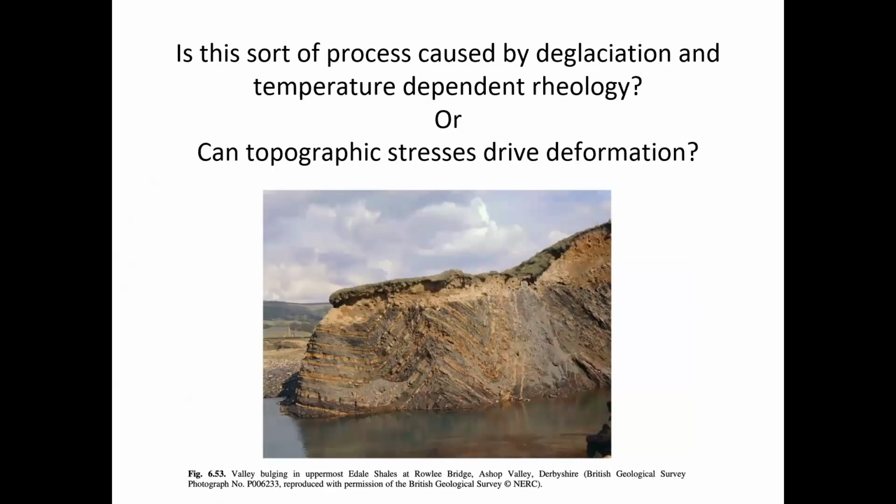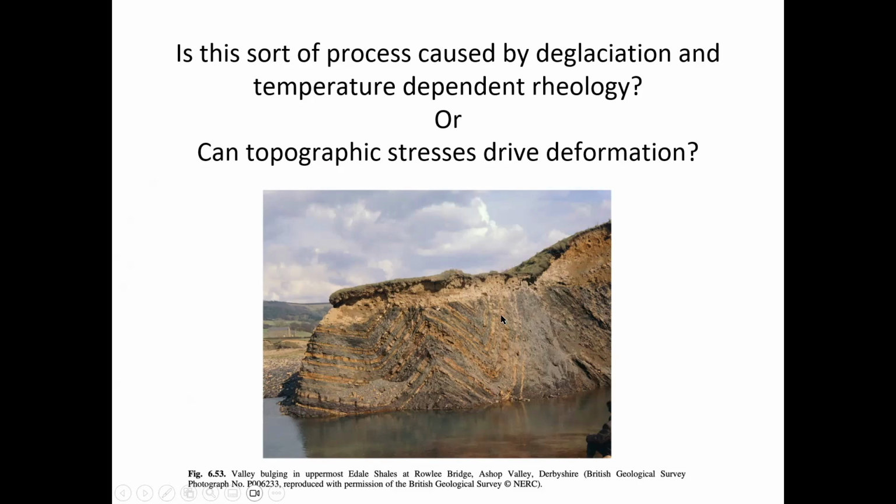So one of the things that I'm very excited about at the moment are these cambering features. So this is a unit in Derbyshire that shows this complex folding, and this folding is forming at the bottom of a river valley.